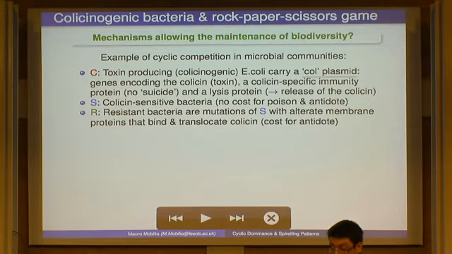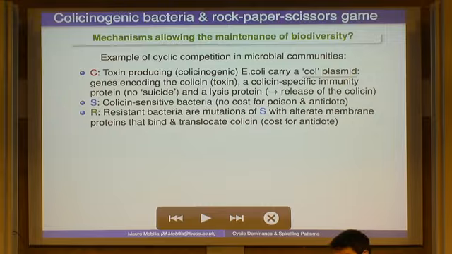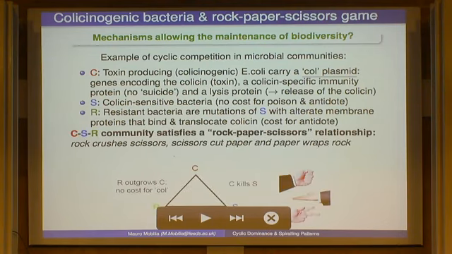These are just killed by the poison released by this strain. And eventually, there are also resistant bacteria. These are strains that have the antidote, so they pay to produce the antidote, but they don't produce the toxin, right?